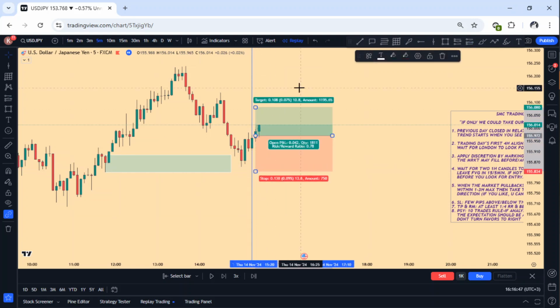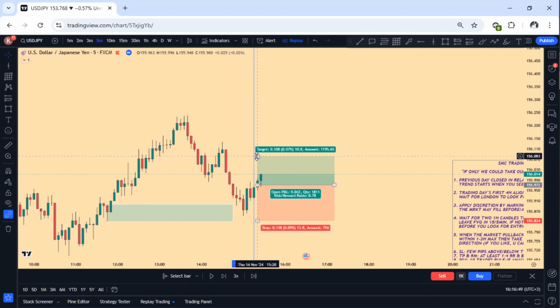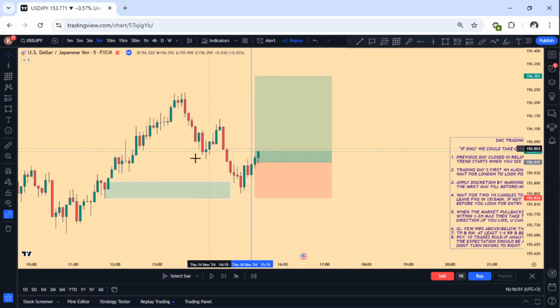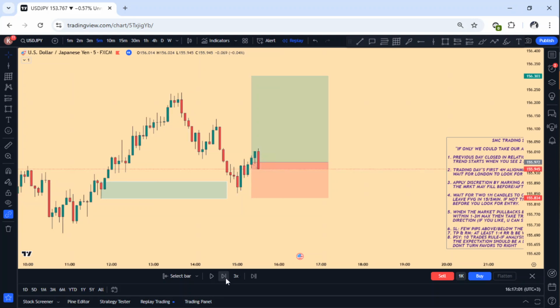Stop loss below here. Then when I see, preferably, a small pullback here and then a continuation, that would be the ideal entry.